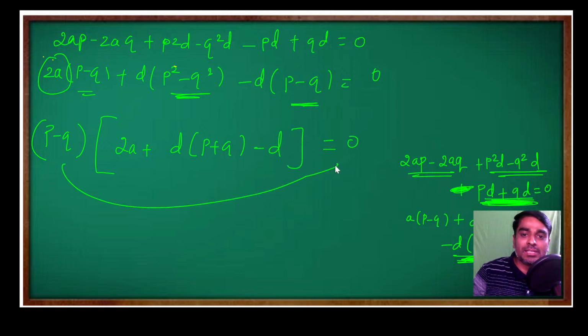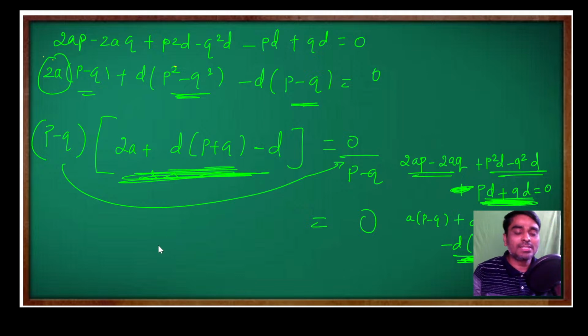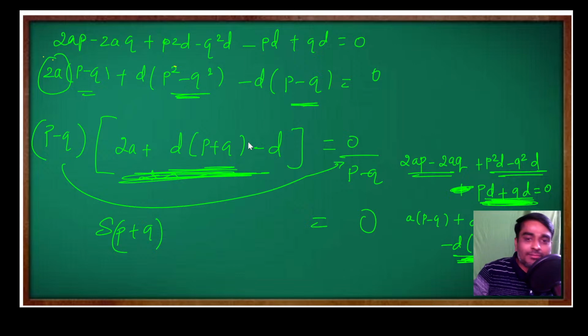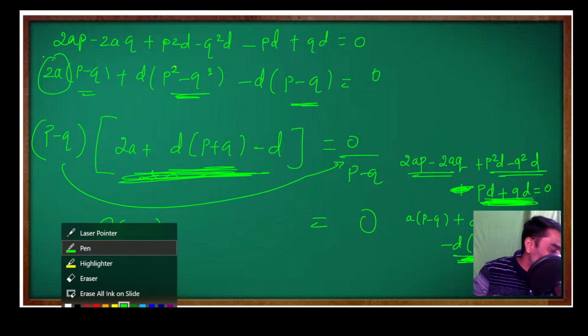This whole thing comes here divided by p minus q, means that is 0. Now look at this. What is this? Is it not S of p plus q? Is it not the sum of first p plus q terms? Yes.